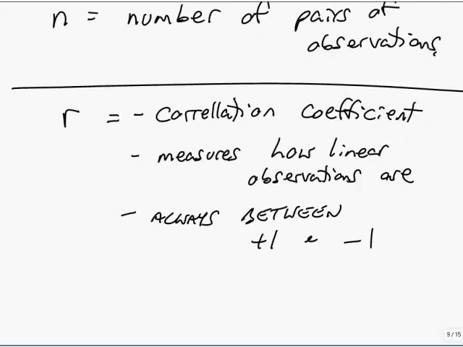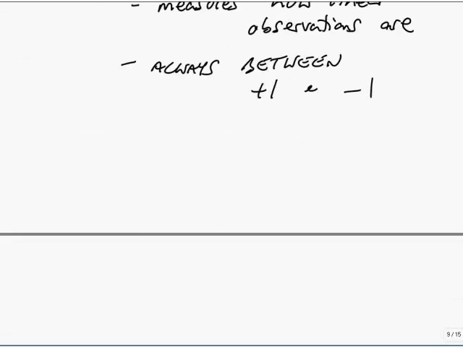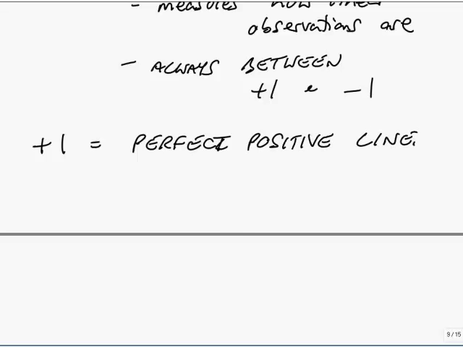And finally, be able to interpret them. If it's +1, it is perfectly linear. It's perfect positive linearity. It means that the two things go up together, produce more cost. It's an exact straight line. They both go up together, yeah?